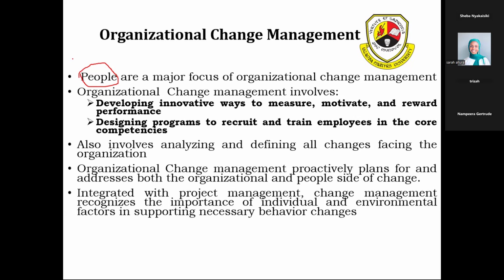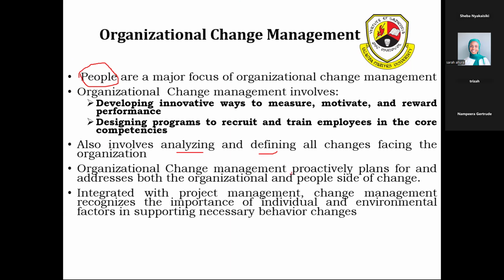You also design programs to recruit and train employees in a core competence that will help the organization move forward. Change management involves analysis and definition of the things that need to be changed, all the changes that the organization is facing. So we need a clear understanding of what needs to be changed and how it is going to change.